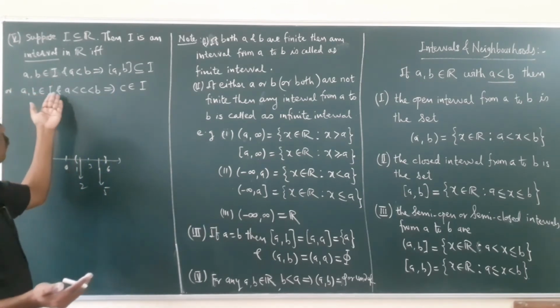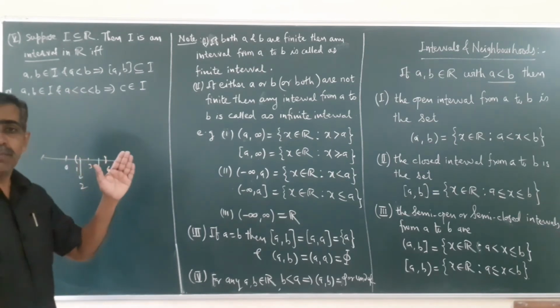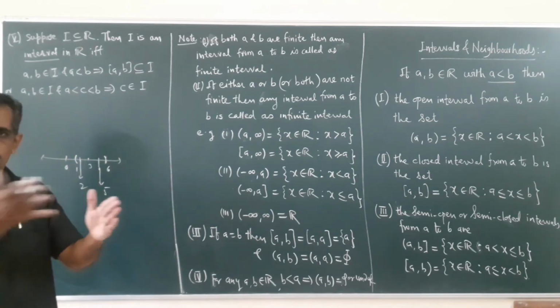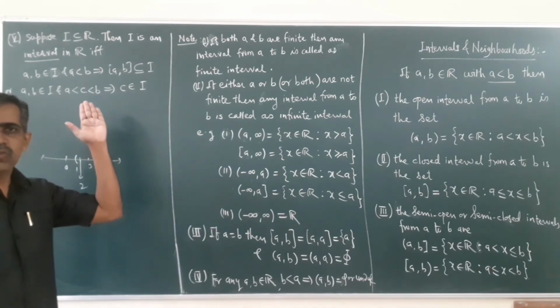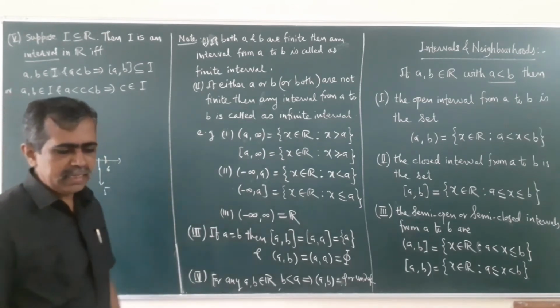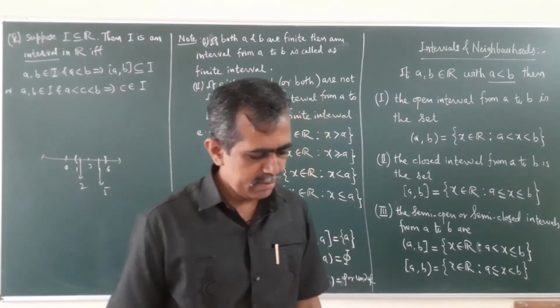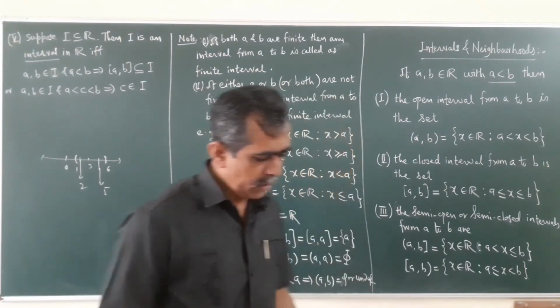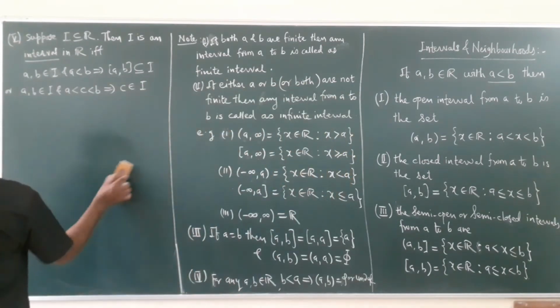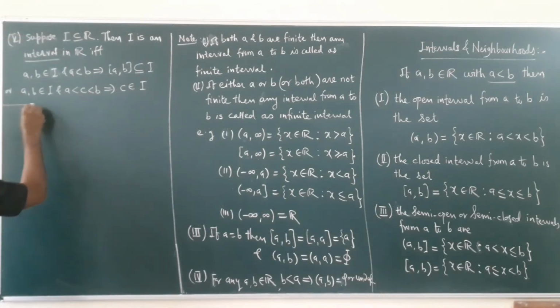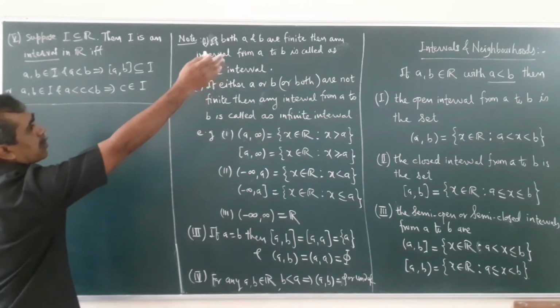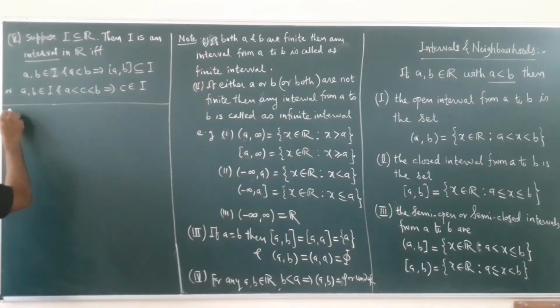Or if a, b belongs to I and c is any number between a and b, all the numbers between a and b also belong to I. Then only I is an interval. So this is about the definition of an interval. Now come to the next part, neighborhood.